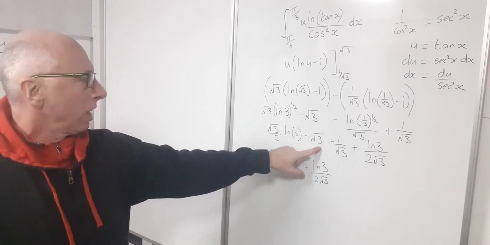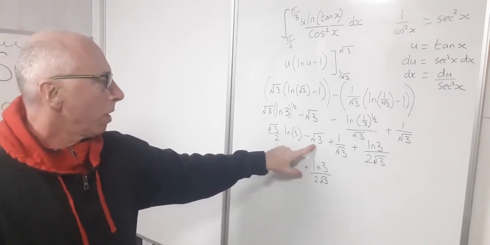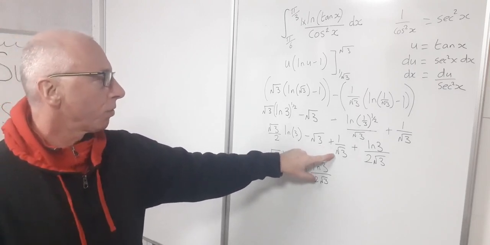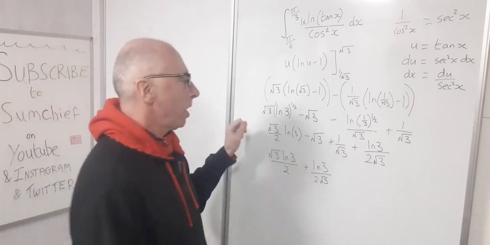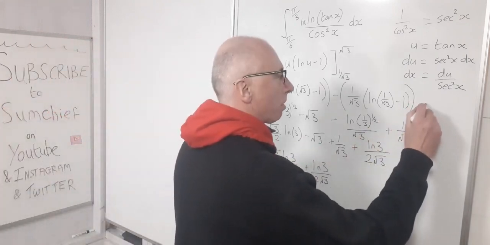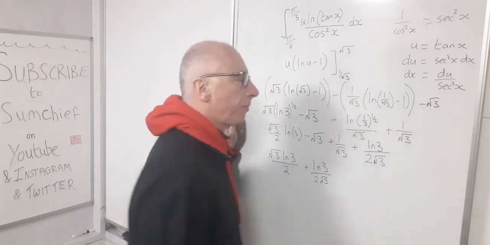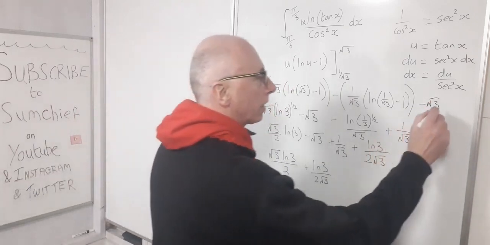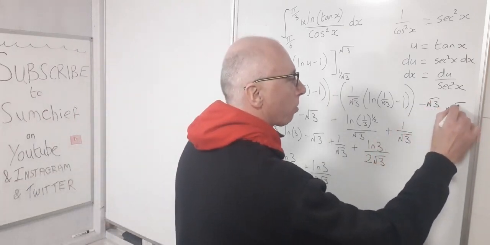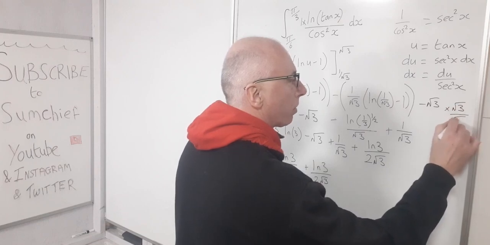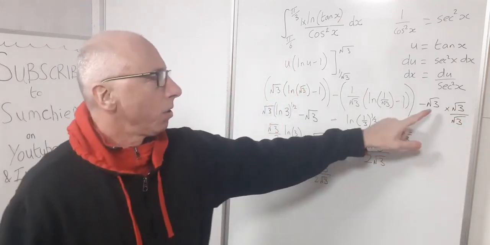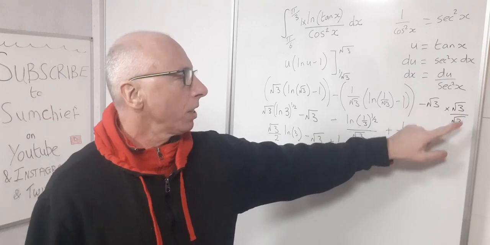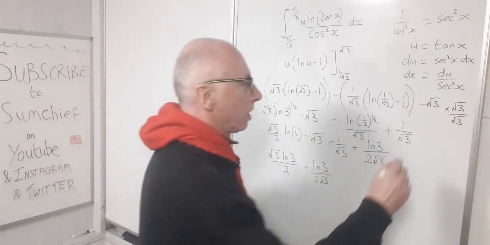Now what about this one? That looks a little bit awkward. So minus square root of 3 plus 1 over root 3. Let's have a look at this minus square root of 3. If we multiply that by square root of 3 over square root of 3, multiplying them together will give us minus 3 over root 3.